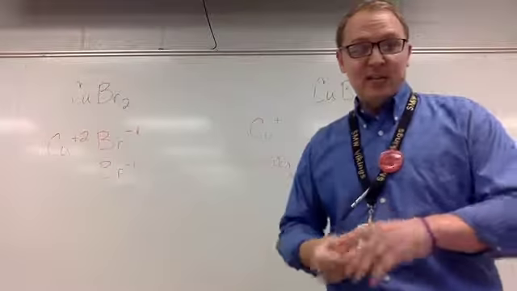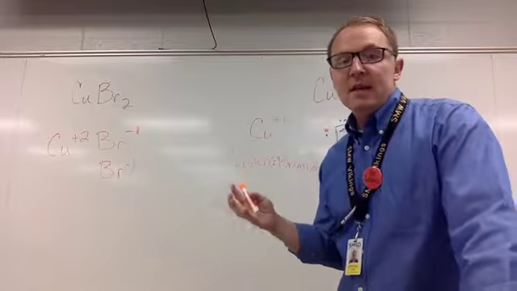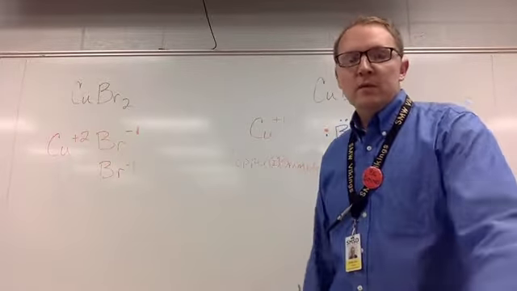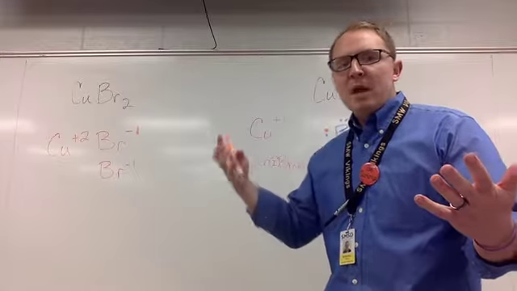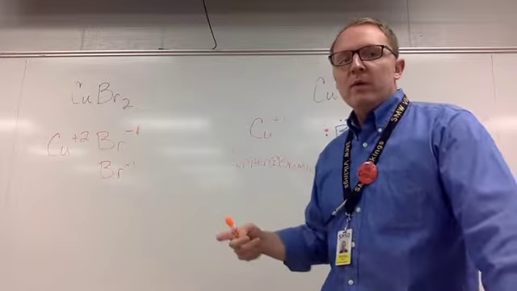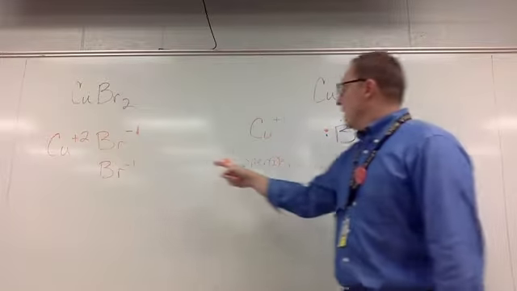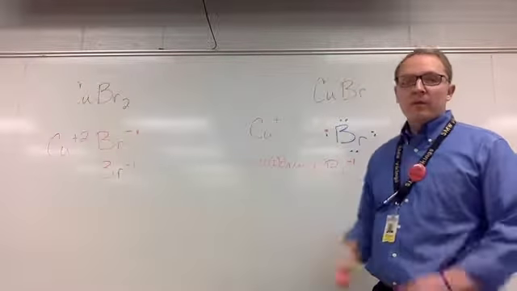All right, this is going to take a little practice. That just means in the name of this particular ionic compound, we still call it copper and bromide, but we need to represent the fact that the charge on this copper was a positive 2, not a positive 1 like it was over here.